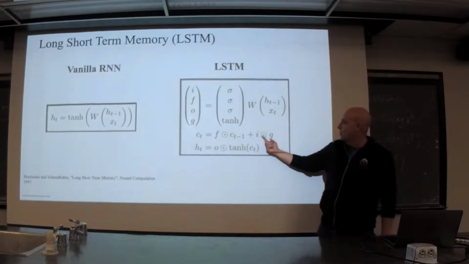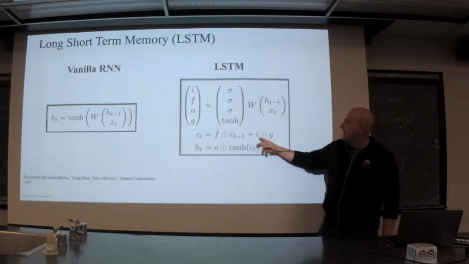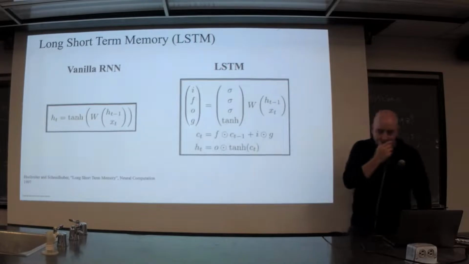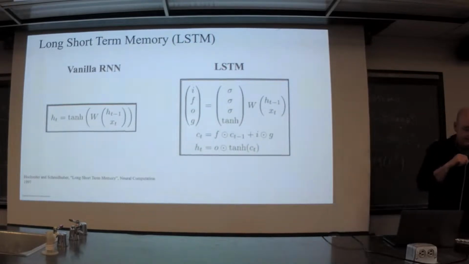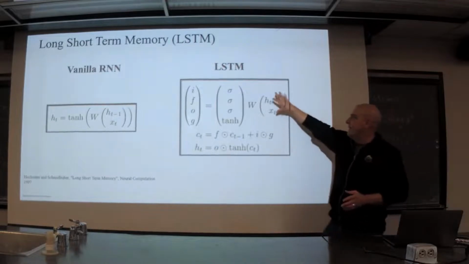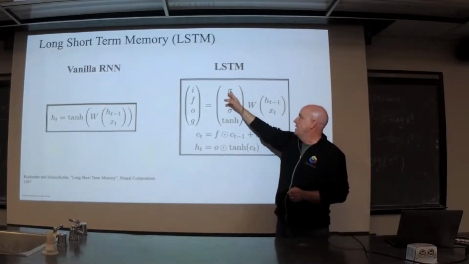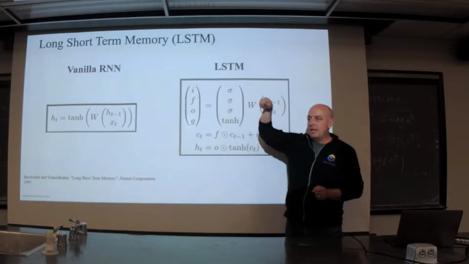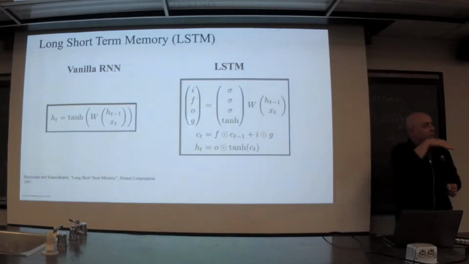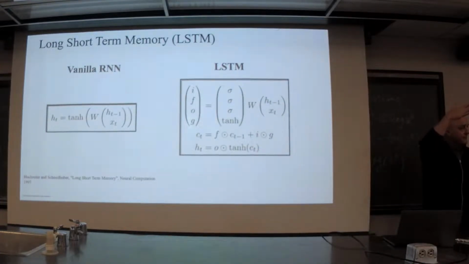But now what we're doing is we're multiplying it by this I, and this I is going to be whatever the vector is associated here. We'll have applied a sigmoid to it entry-wise, so the entries of that are going to be somewhere between 0 and 1.